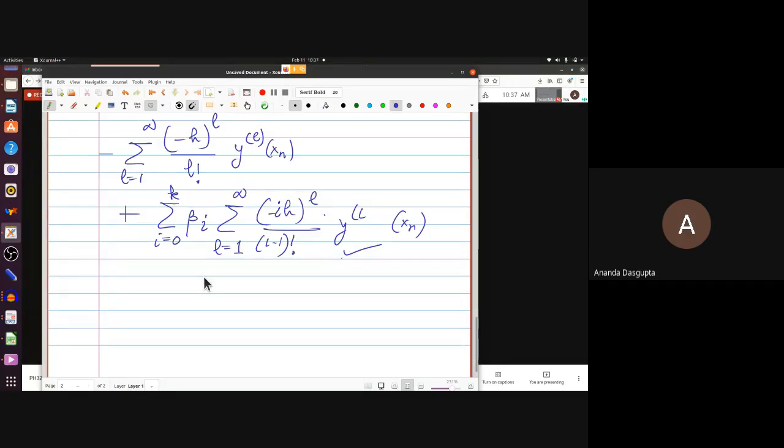So now this is pretty straightforward. All you have to do is combine them together. Right? If you combine them together, what you get is minus h to the power L yl xn times minus 1 by L factorial.